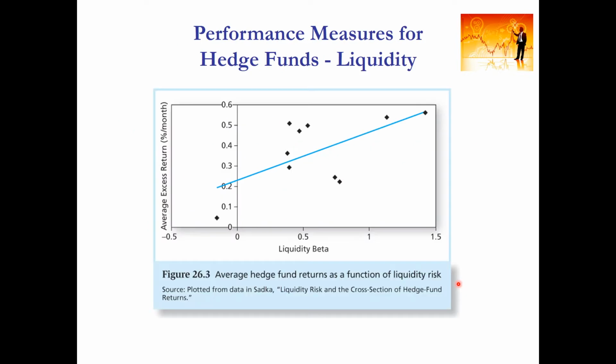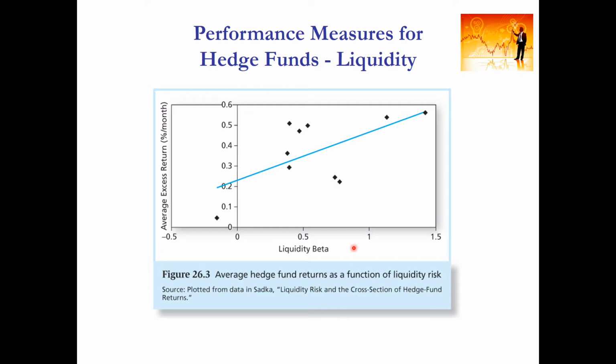An example of the relationship between hedge fund performance and liquidity is on the slide here. We can see some historic data in terms of average excess returns that are generated by hedge funds, and on the horizontal axis we have the liquidity beta of the hedge fund. Liquidity beta is a measure of the degree of exposure to liquidity risk.